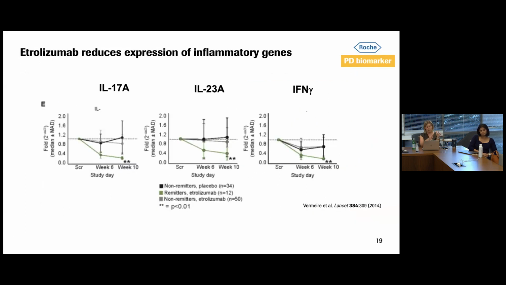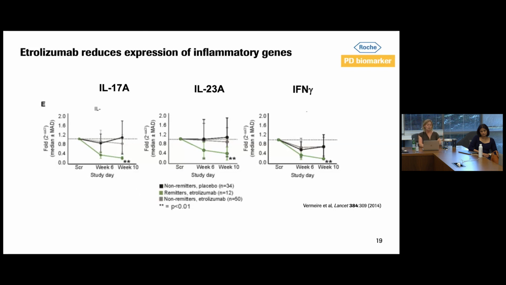So that's target engagement. Then we wanted to see, do we have any evidence that blocking beta-7 will actually result in the biological effect that we expect? Of the same biopsies that we collected, RNA expression was measured, and I'm showing you here some of the cytokines that were shown to be inhibited with our beta-7 antibodies.